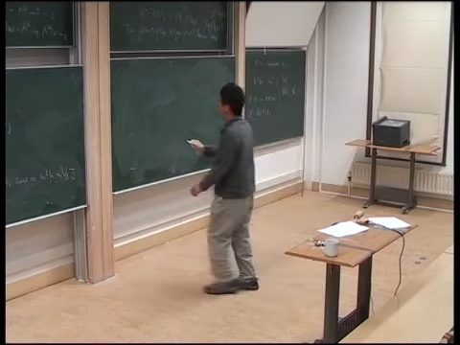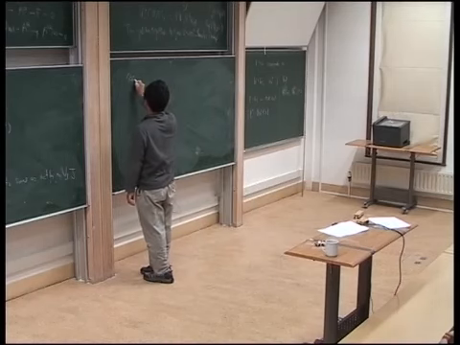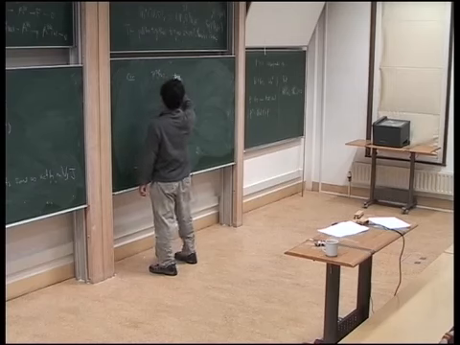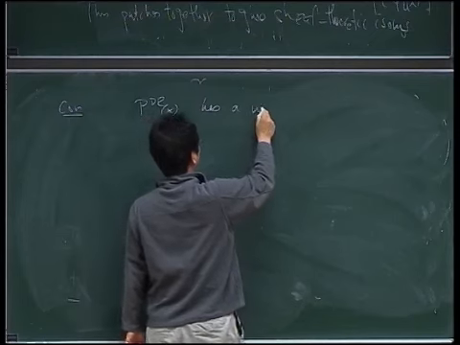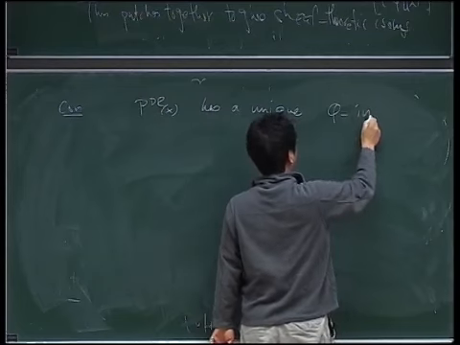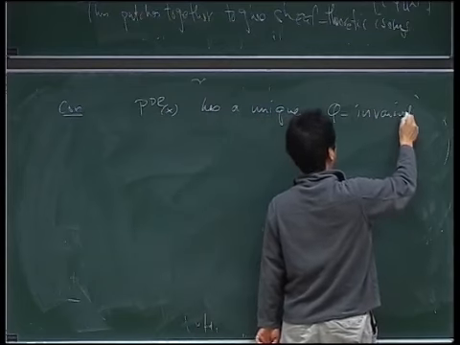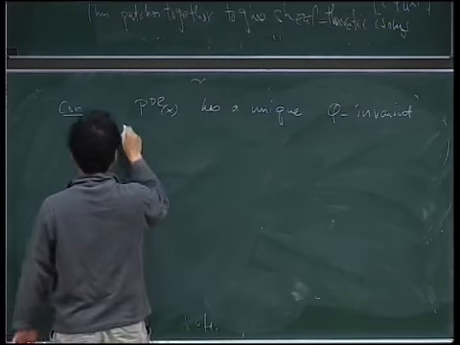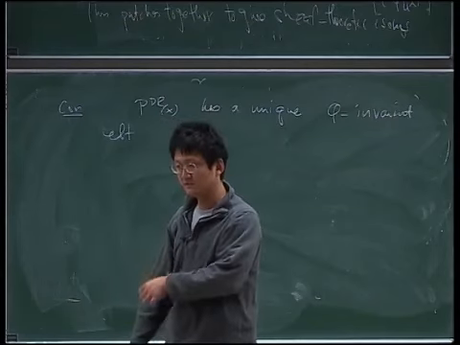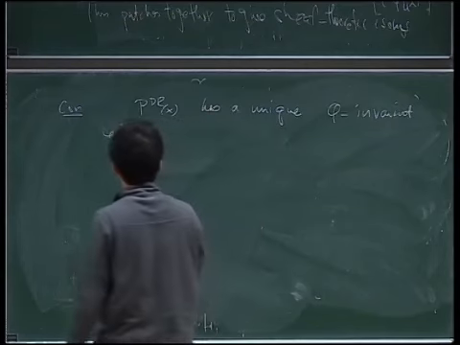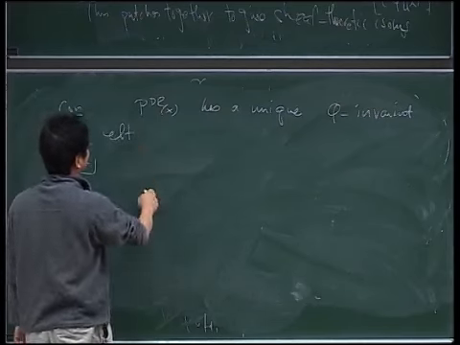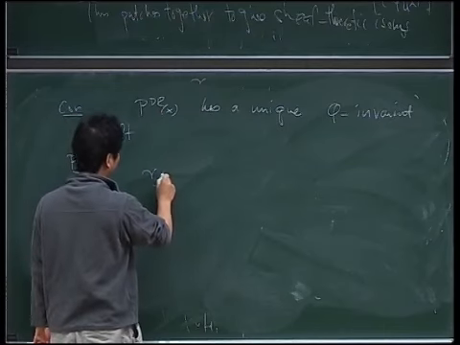And here's the second corollary. P dR of x has a unique phi-invariant element. This is the so-called Frobenius invariant path, b to x. The proof now is quite easy. You take anything you want inside there.